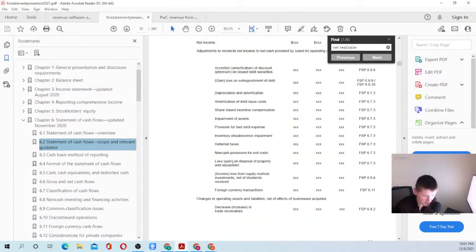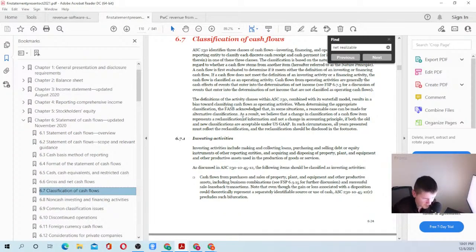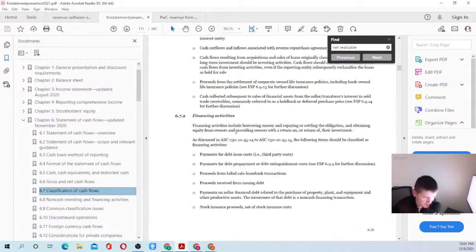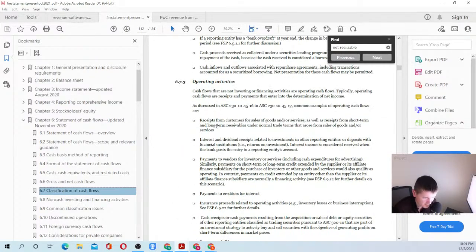We have inventory obsolescence provision here, inventory obsolescence impairment. So it says 673. Let's see what we have in 673 for operating activities.